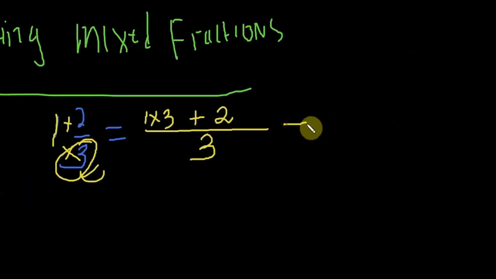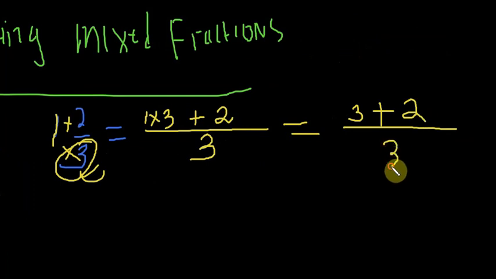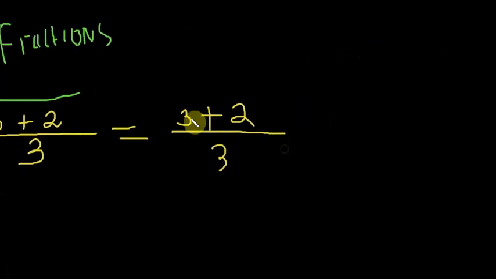So what is our answer? When we sum that up, 1 times 3 gives us 3, and plus 2, we write it down. So 3 plus 2, we just sum it up.